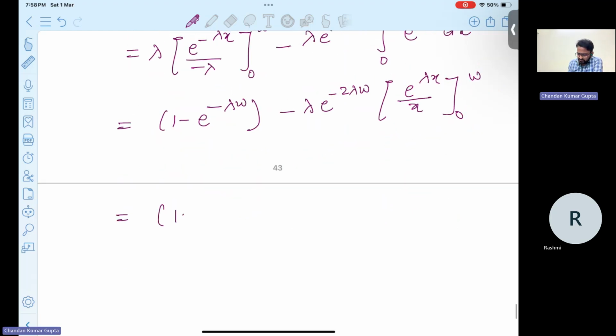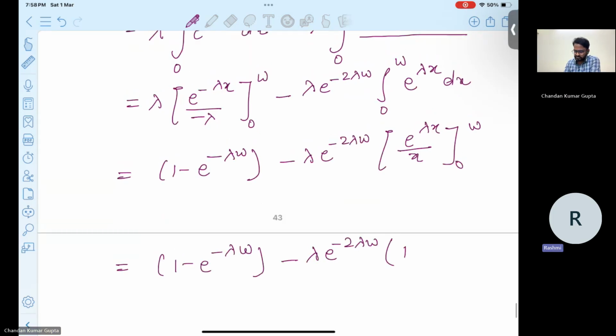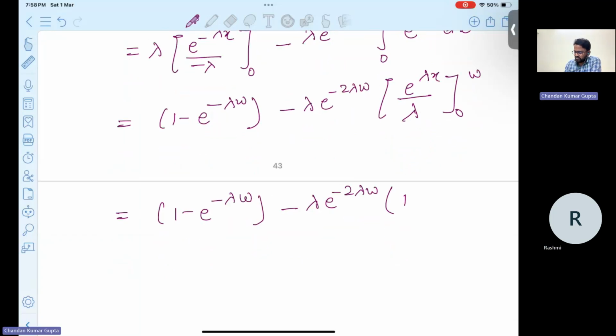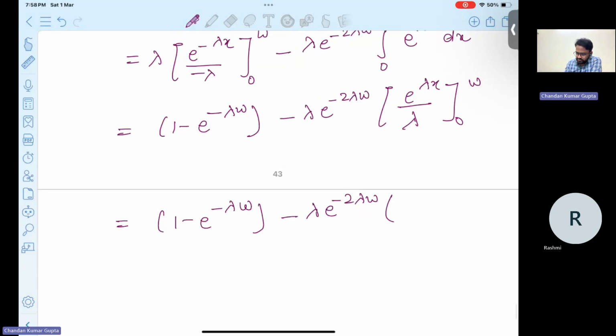Then it is 1 minus e to the power minus lambda w, minus lambda e to the power minus 2 lambda w, and it's 1 by lambda, e to the power lambda w minus 1 divided by lambda.